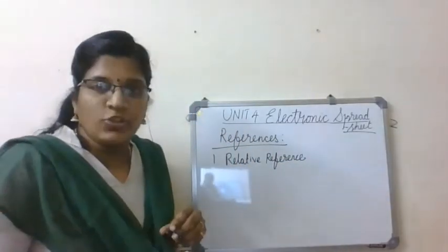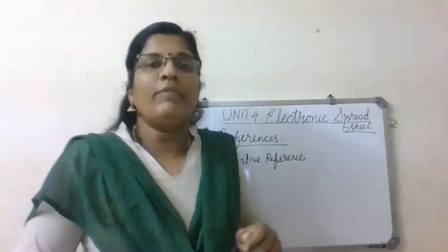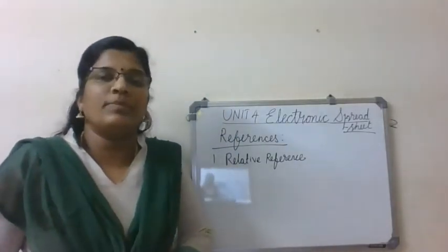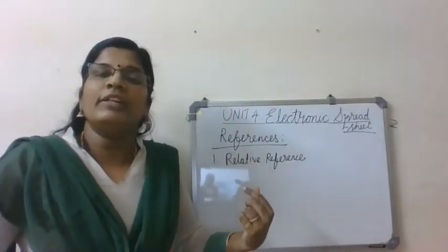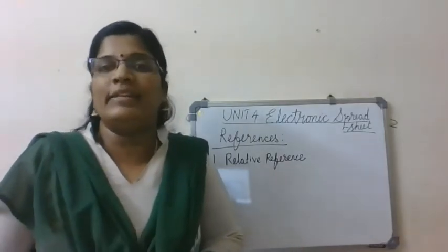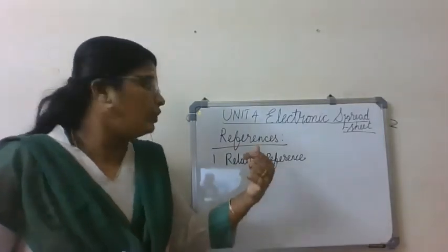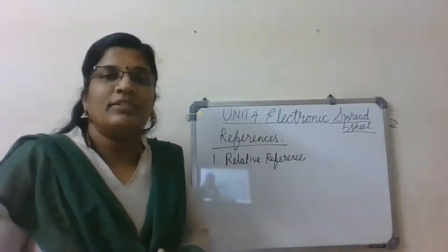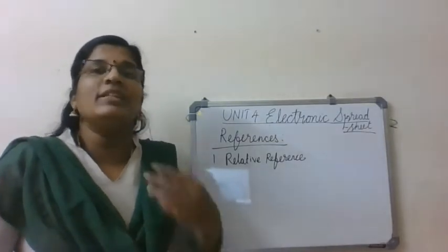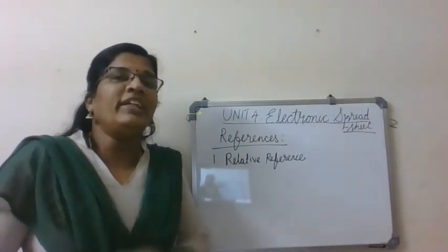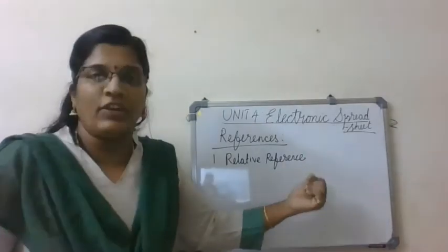This is an important topic, references. Whatever you have studied so far are basic concepts. References will take part when you go for higher studies, so you should be very clear with this content. Listen carefully. There are three types of references. One is relative reference.